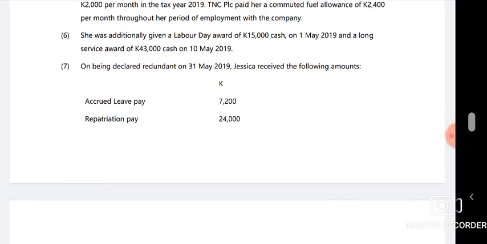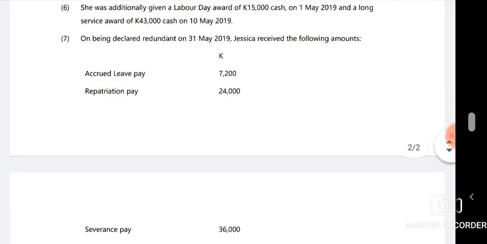Okay, 7. On being declared redundant on 31st May 2019, Jessica received the following amounts. Accrued leave pay. Leave pay is subject to income tax, so we have to add it back when computing the taxable income on Jessica's employment income. Repatriation pay is a form of pension benefits. Take note of this.